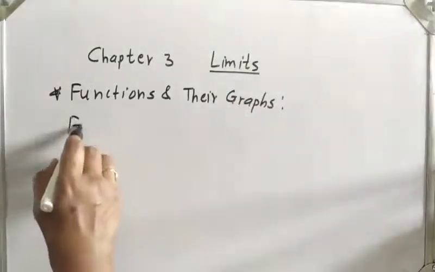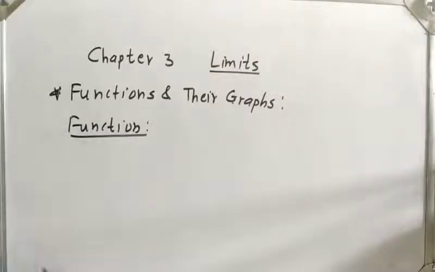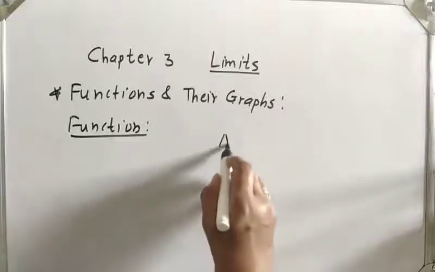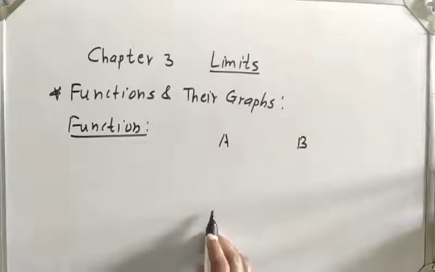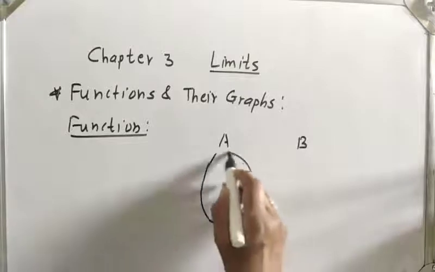Now what is a function? First of all, what is a function? In the definition of a function, two sets are given. Consider one set is A, another set is B. Let us denote the set A by this symbol.